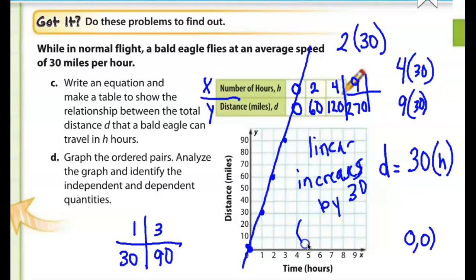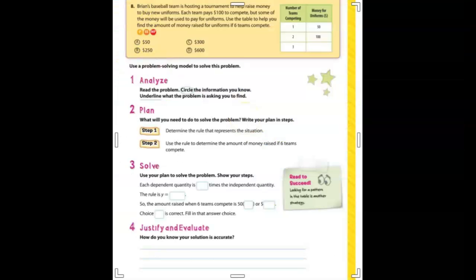And the fact that it also goes through 0, 0 is an important thing for us to note. So in the end, we have a linear graph that goes through the origin, and for every hour that we go, we are going to increase our distance by 30 miles.